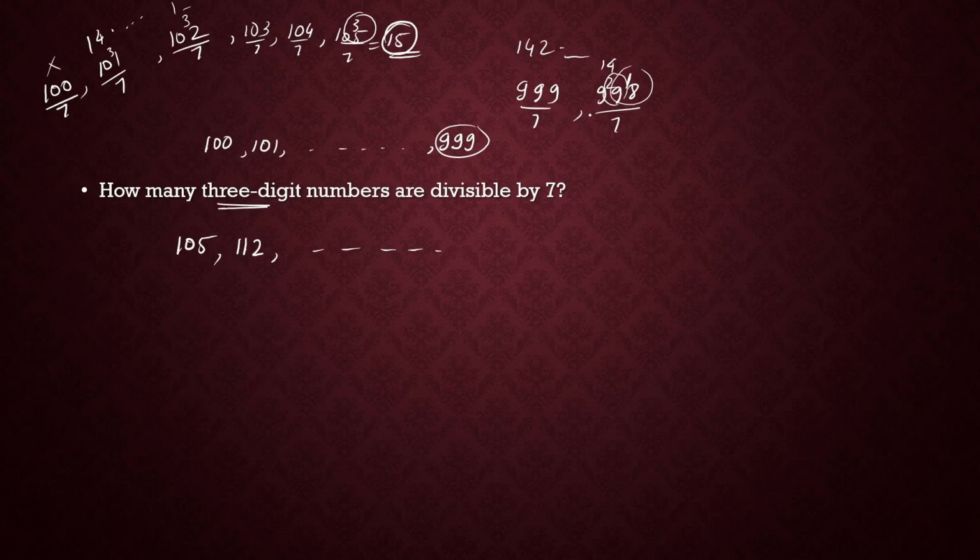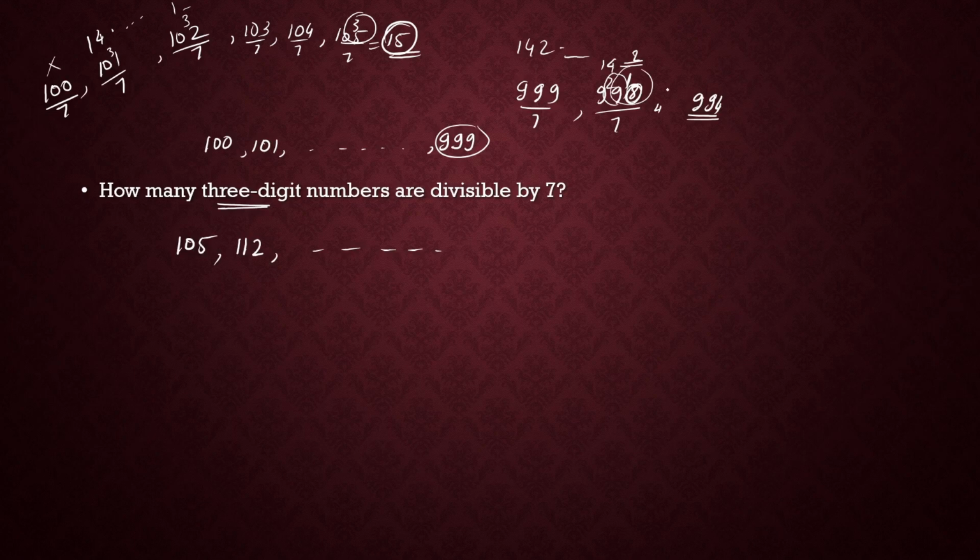So think differently. What number gives a perfect integer? 7 times 142 is 994. So the last three-digit number that is divisible by 7 is 994.